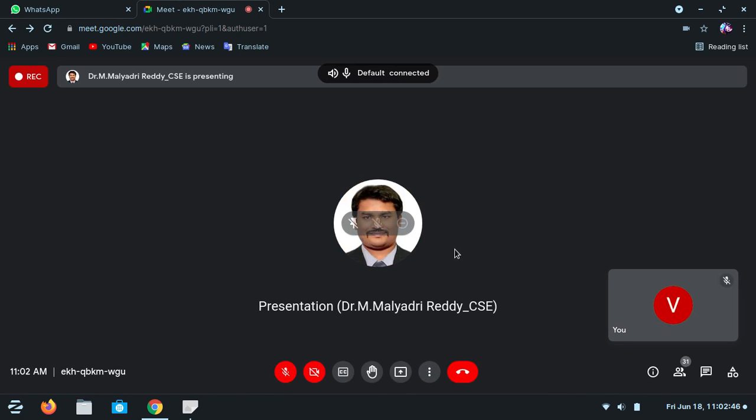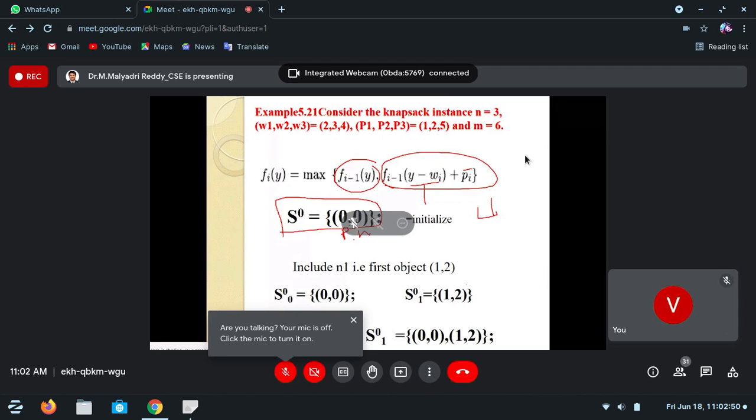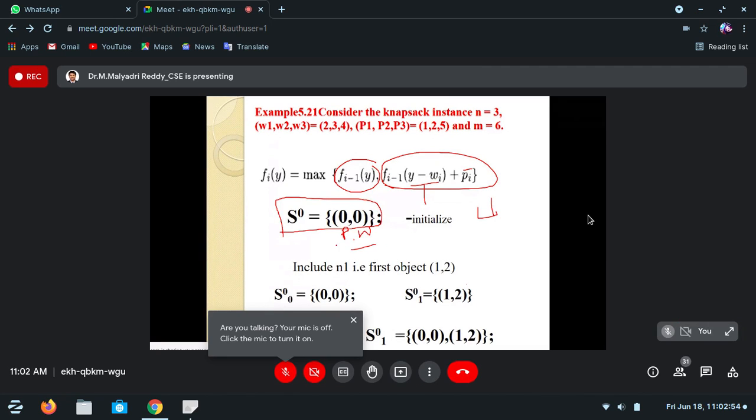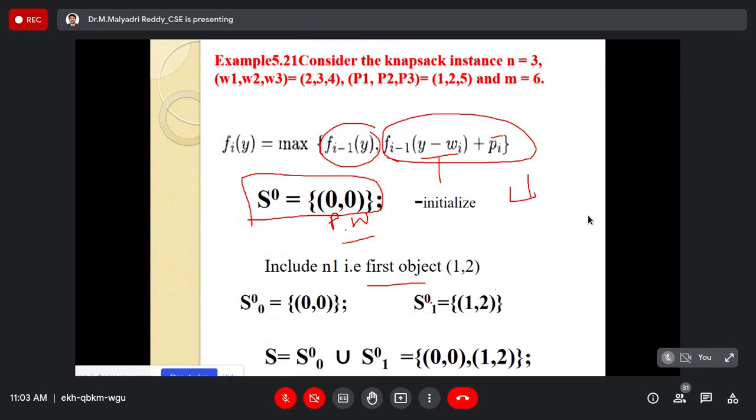We start with zero weights and profits, profit and weight. On that empty bag I have to focus. That means I have to include the first object, 1 comma 2. If I include the first object on the empty bag, we get two feasible solutions, one including and one excluding.